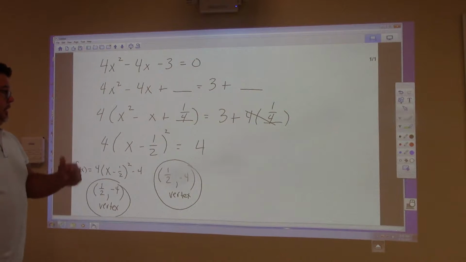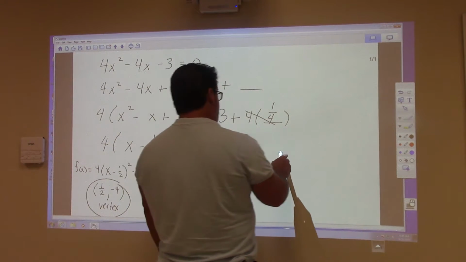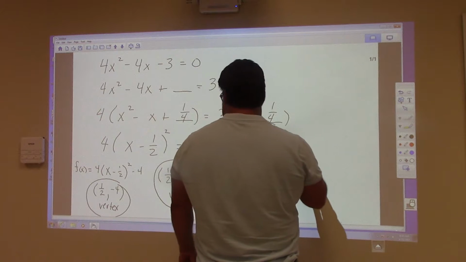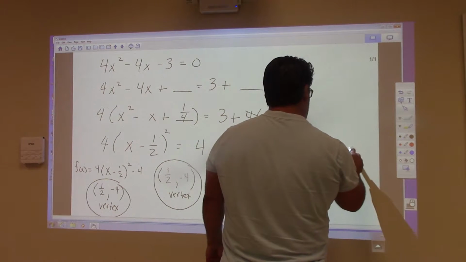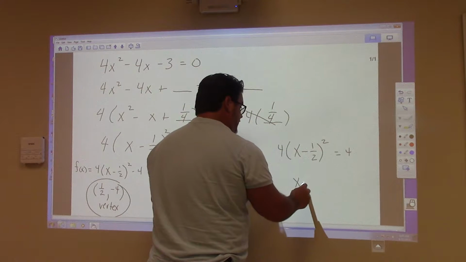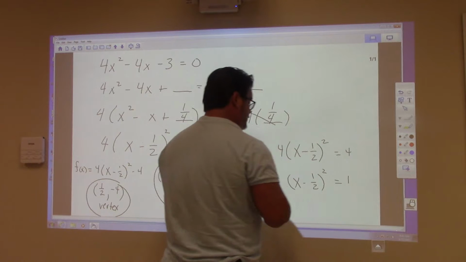Or we can go solve it. So I'm going to go over here and I'm going to rewrite it. 4 times x minus 1/2 quantity squared is equal to 4 divided by 4. x minus 1/2 quantity squared is equal to 1.